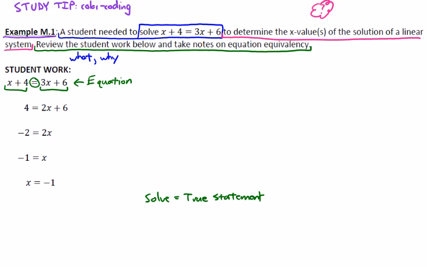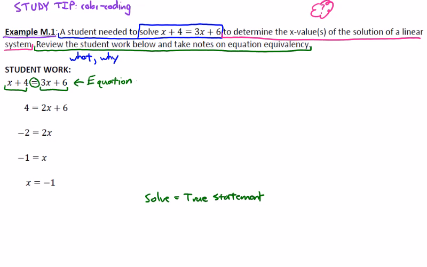Now, that's a really important thing for us to understand about solving, because this means that we get to make an initial assumption that the starting equation is in fact true. That is a critical first step when analyzing this work.